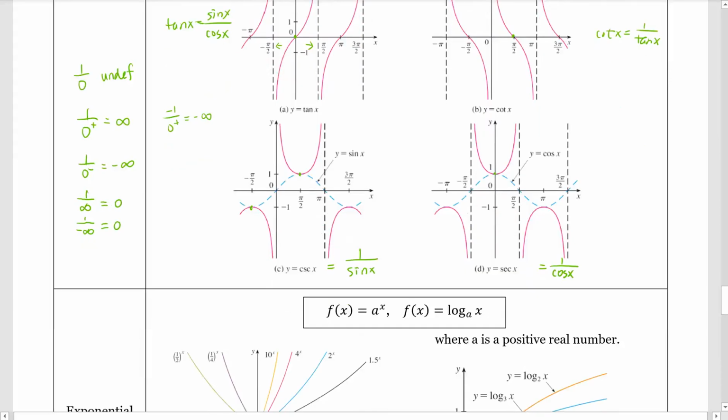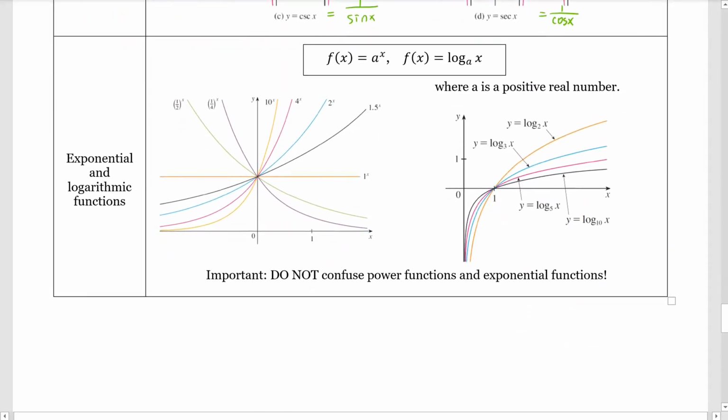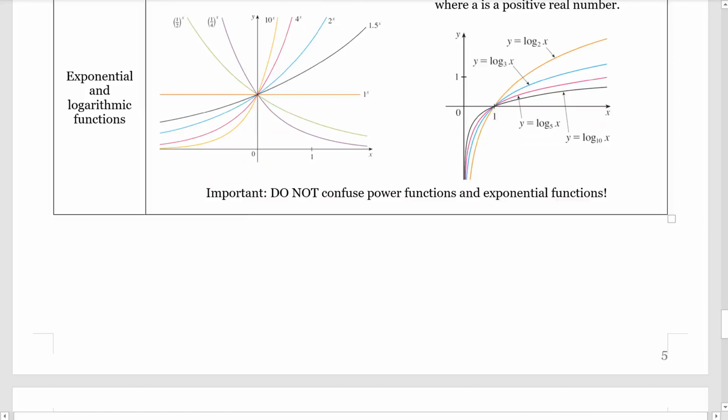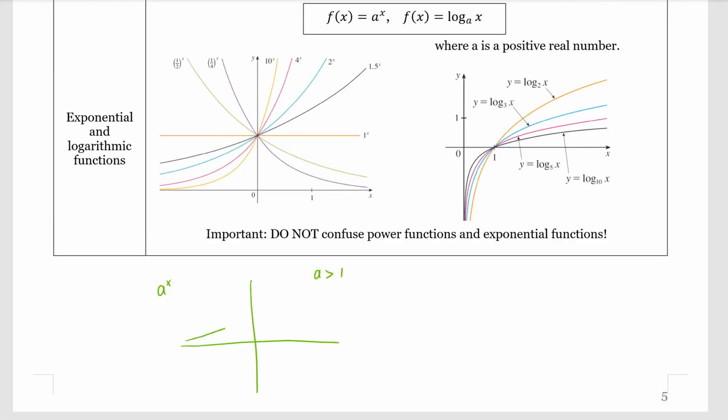Alright, next we have the exponential functions and the logarithm functions. We know that they are inverse functions of each other, right? So here I want to emphasize, let's look at the exponential function. If the base is greater than 1, then we have an increasing function.